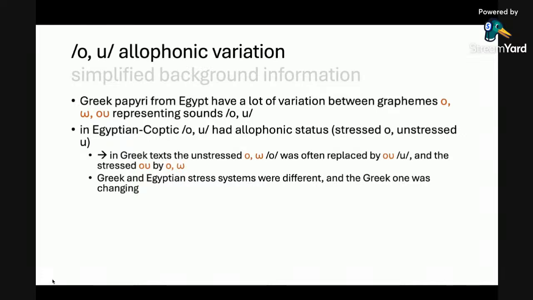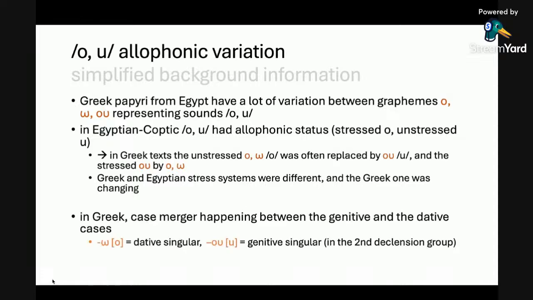The Greek one was changing or already changed at this point, and this is a complicated matter, and I'm not going into the details of the stress system, but it was also in flux, and it's difficult to get information about the stress system of a language that is no longer spoken, of course.